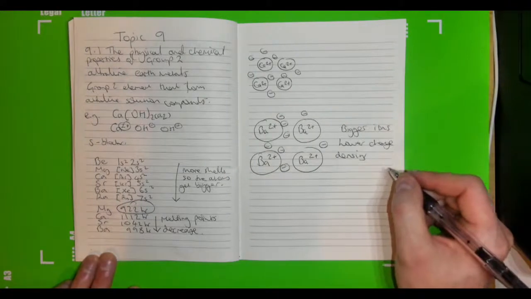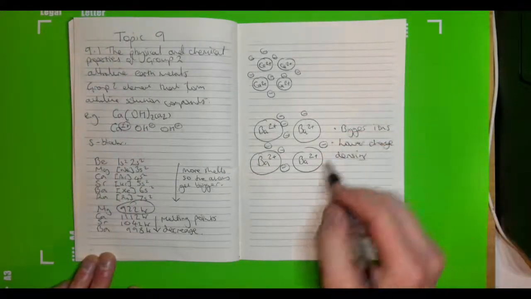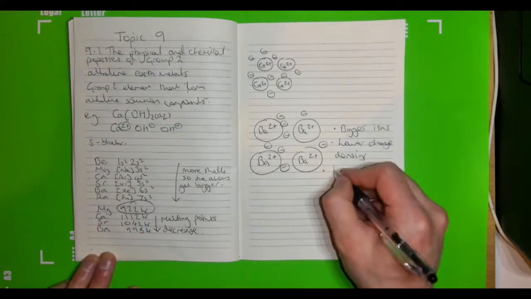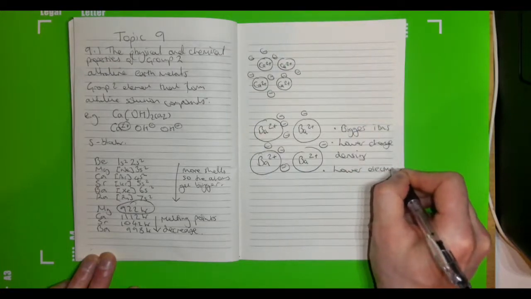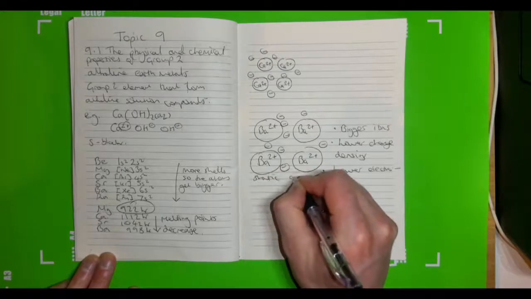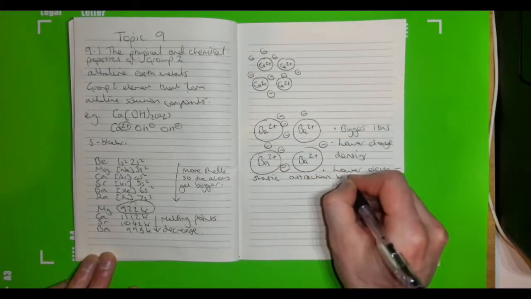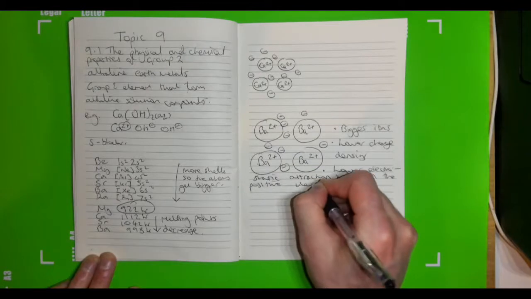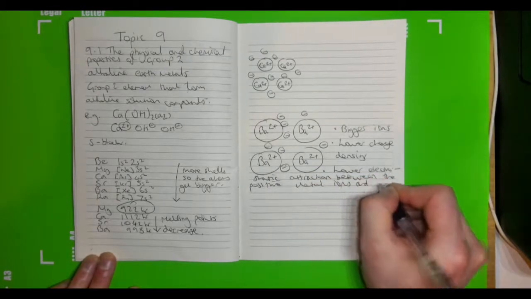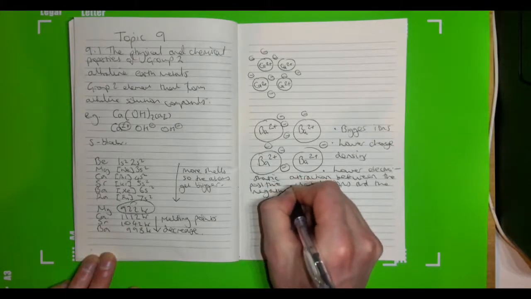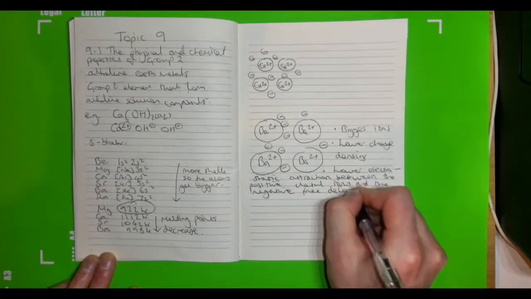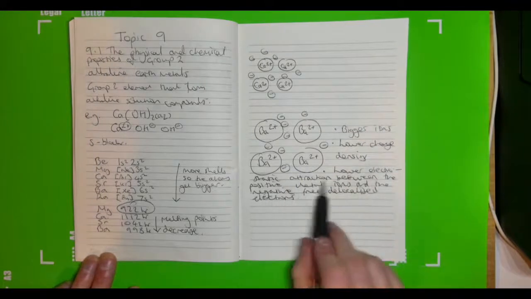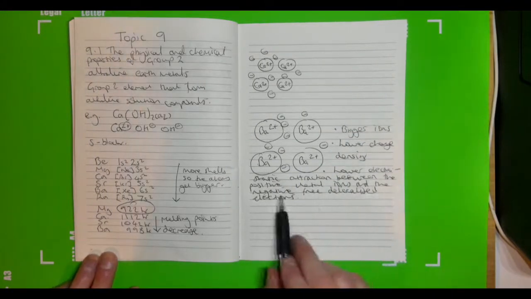If there's a lower charge density, there's a lower electrostatic attraction between the positive metal ions and the negative free delocalized electrons.